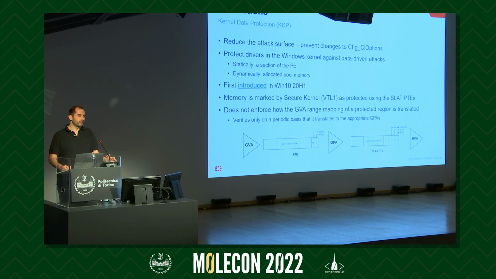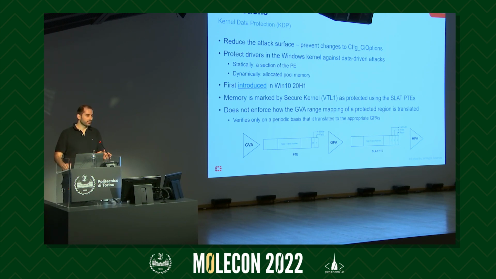Basically, with VBS, in addition to the kernel, you have an additional kernel which is called the secure kernel. I mentioned it before. The kernel itself doesn't run alone anymore, but it runs with a hypervisor. The hypervisor adds an additional set of permissions that is enforced by the hardware, by the CPU, because you now have 2 page tables when you try to access memory.